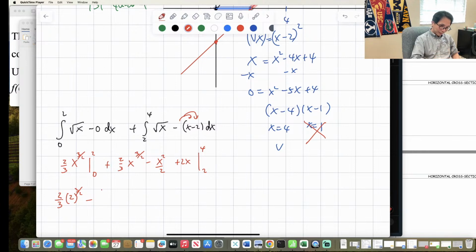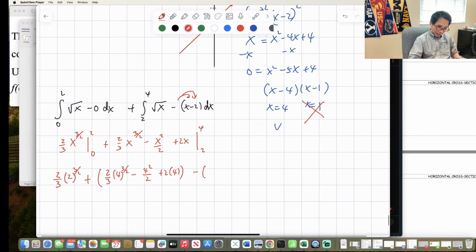Now plus 2/3 times 4 to the 3/2, minus 4 squared over 2, plus 2 times 4, minus, this is how I work. I don't work anything on the side. I work in a straight line from top to bottom. So 2/3 times 2 to the 3/2 minus 2 squared over 2 plus 2 times 2.